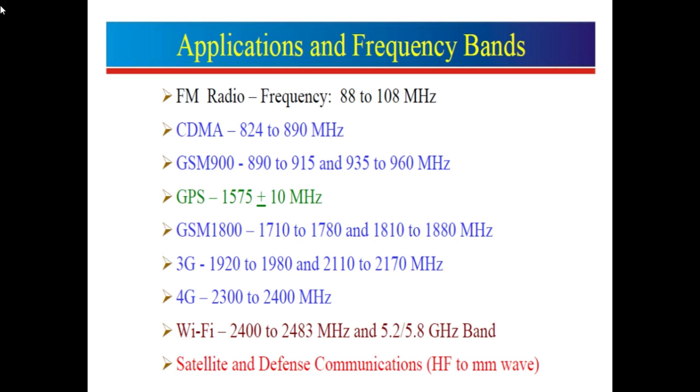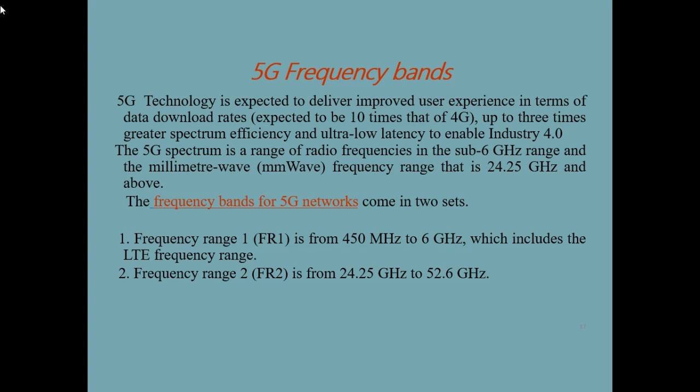GSM 1800 has two bands, 1.71 to 1.78 and 1.81 to 1.88 gigahertz. 3G falls between 1.92 to 1.98 gigahertz and 2.11 to 2.17 gigahertz, and 4G varies between 2.3 to 2.4 gigahertz. Wi-Fi also has two bands, 2.4 and 5.2, and satellite and defense use very high frequencies.